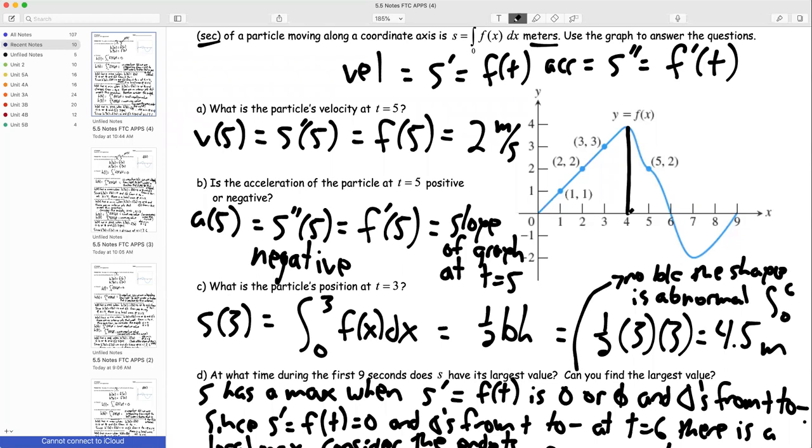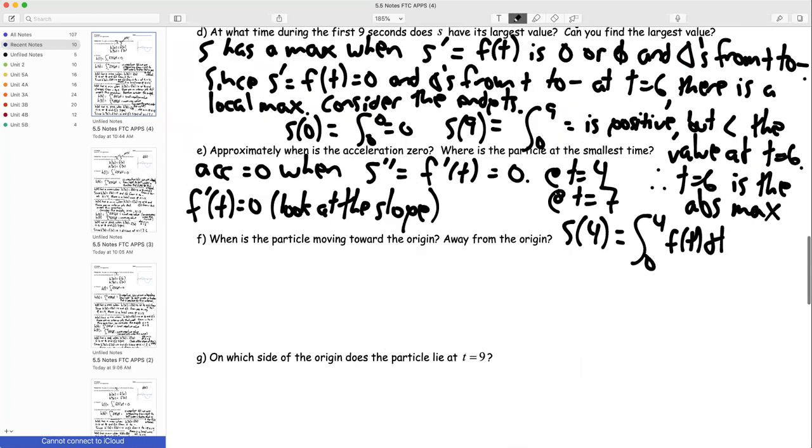It's got a base of 4 and a height of 4. So that's going to give me 1/2 the base times the height, or 8 meters. That's where it's at.